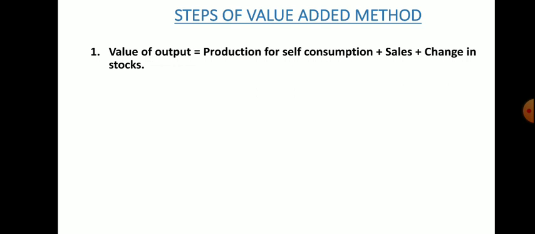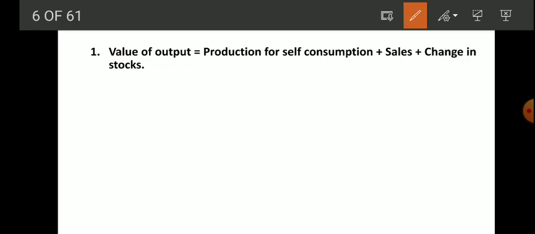So, how can we calculate the value of output? Value of output is equal to production for self consumption plus sales plus change in stock.